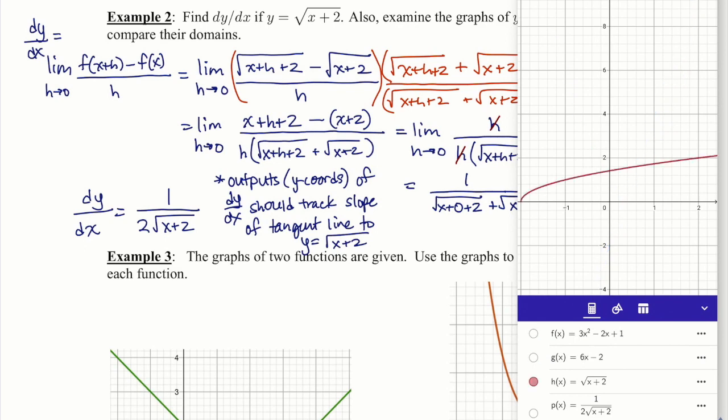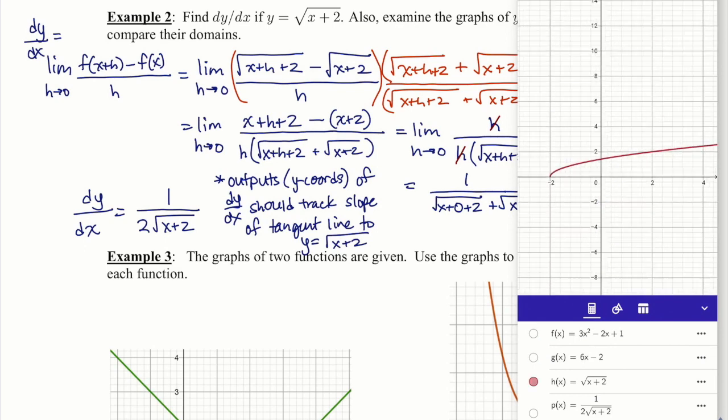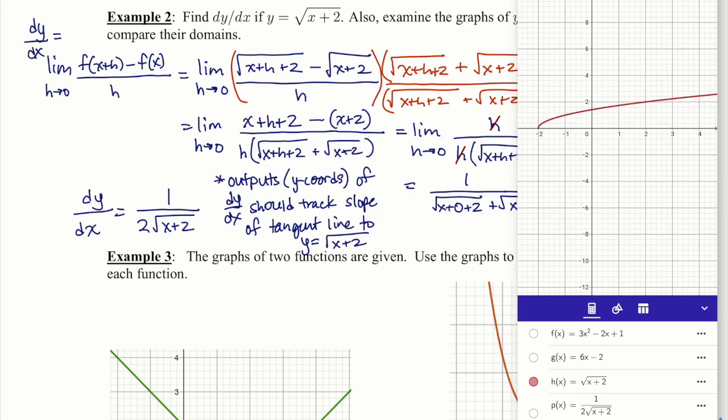So square root of x plus 2, we see here, that's just our square root function shifted to the left 2. And if you notice, right where the function quote unquote starts, at negative 2, 0, the function is actually quite steep there.